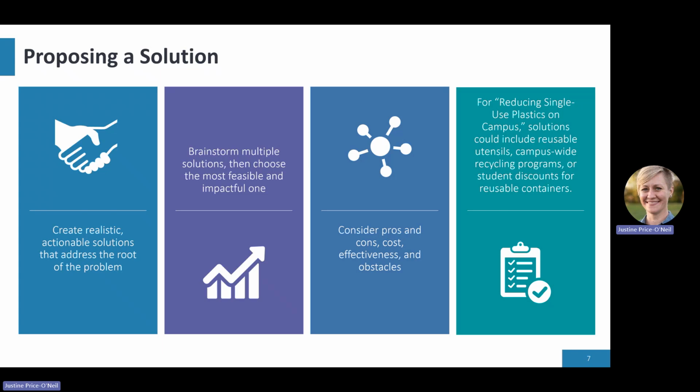To do this, you might brainstorm multiple solutions and then choose the best one. You would also want to think about pros and cons of potential solutions. You could think about cost if that was applicable to your topic. You might think about the effectiveness of each solution and potential obstacles that you might have to overcome in order to make the solution possible.